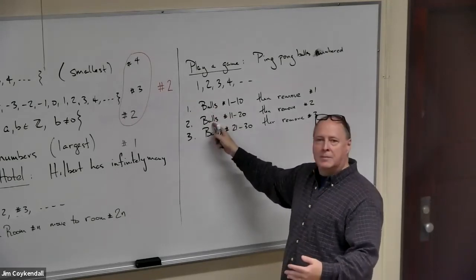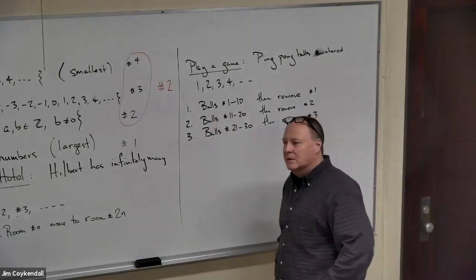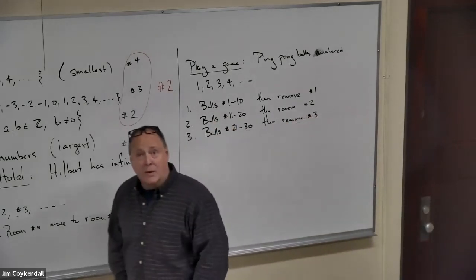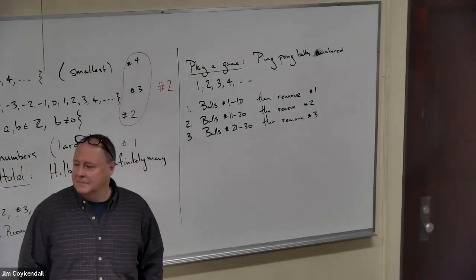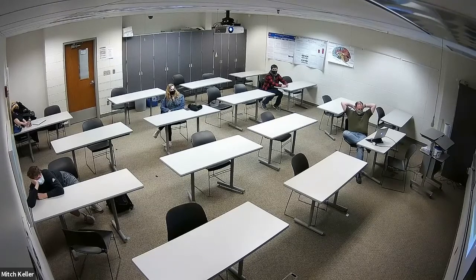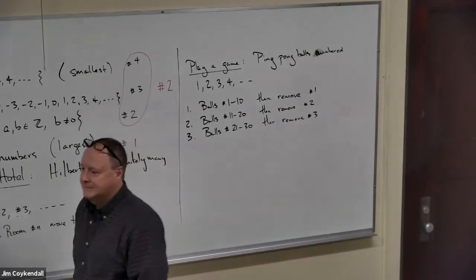Then I put in another 10 balls and I take 1 out. So aren't I putting in 9 balls every time at every interval? Do I agree with that? Anybody want to take a guess how many are left? Zero. There are no balls.